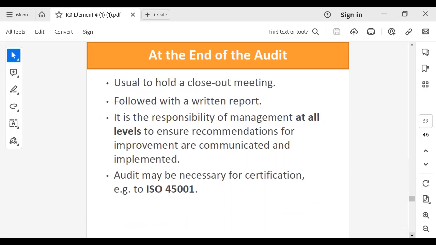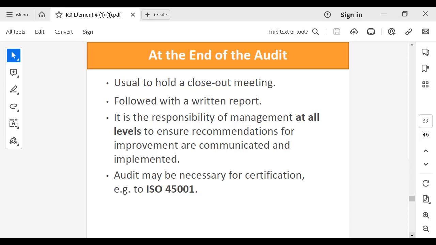At the end of the audit, the auditor usually holds a closeout meeting. In that meeting, they will discuss the concerns or issues they found during the audit. And after the meeting, a written report follows from the auditors.